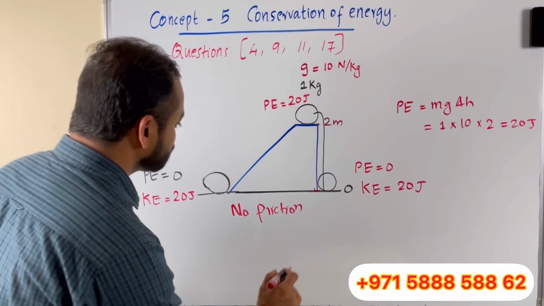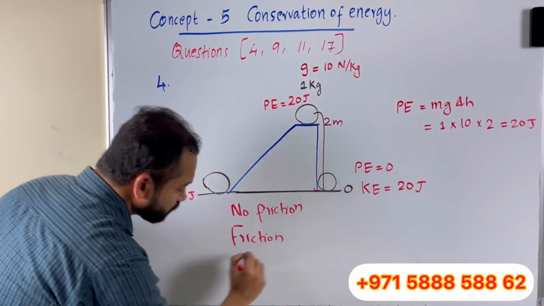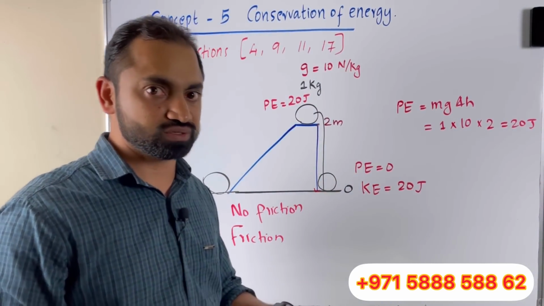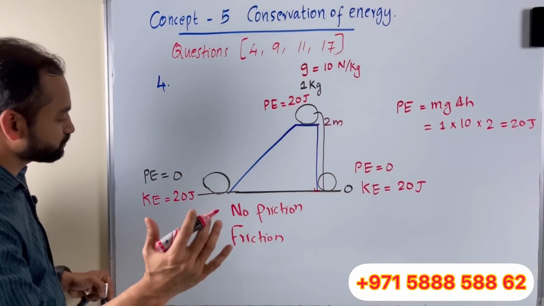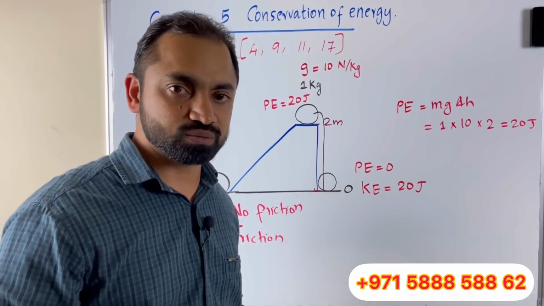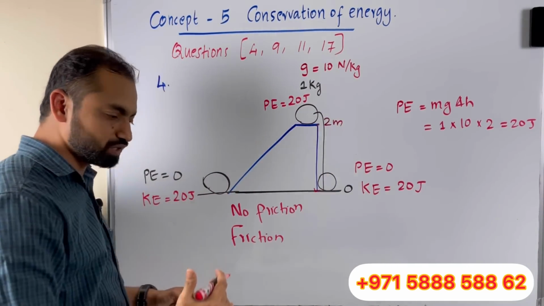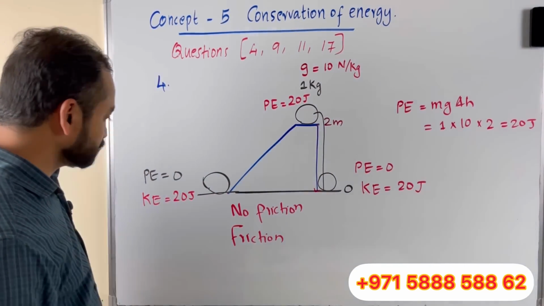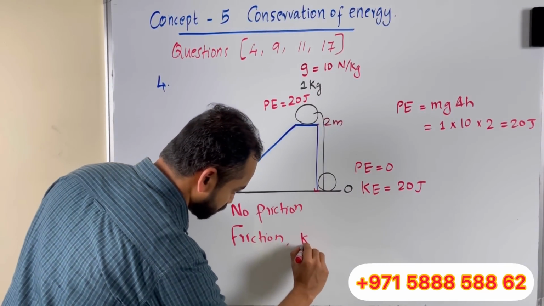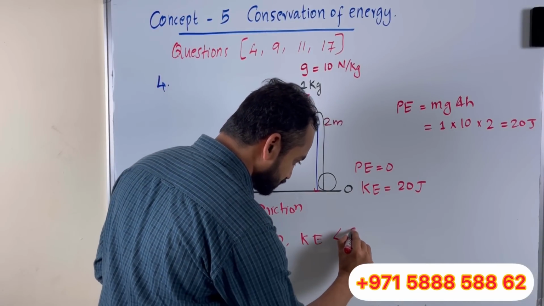But if there is friction, some of its mechanical energy will be lost as heat when it is rolling down. So the kinetic energy when it reaches the ground will be less than 20 joule.